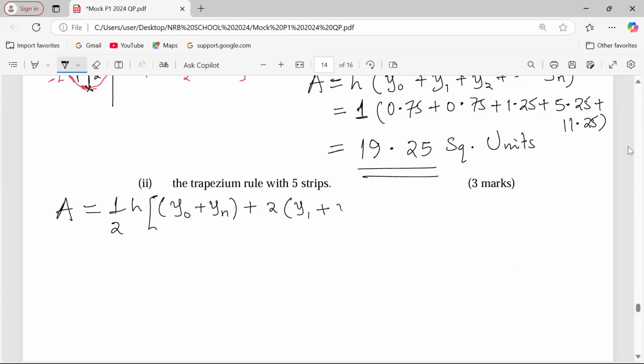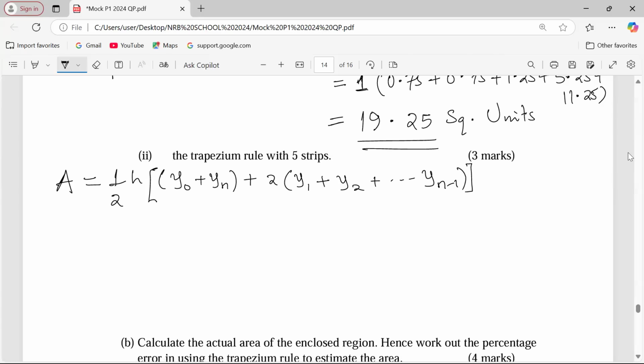So we continue adding them up to the height just before the last one. That way. So this is the formula according to the trapezium rule. So we'll be taking half multiplied by the uniform width of the strips, which is 1 unit.